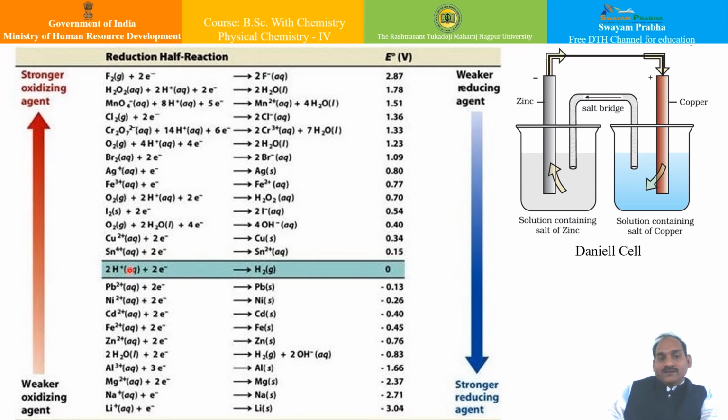You can see here, just as an example, that copper, which is above the standard hydrogen electrode, has a positive standard reduction potential of 0.34 volt, whereas we have also seen zinc, which has a negative standard reduction potential. Cadmium, we have seen, also has a negative standard reduction potential.